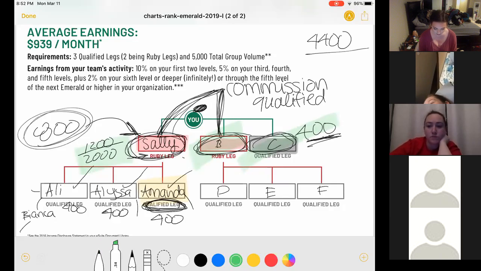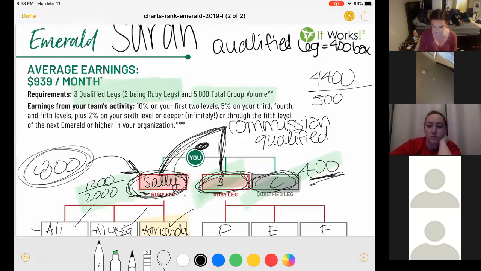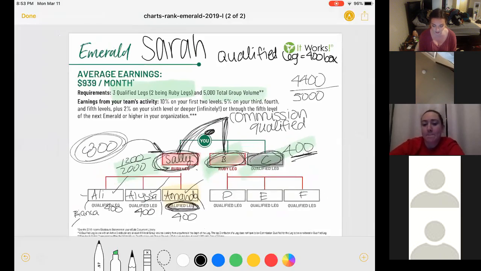If you look up here, for Emerald, you need 3 qualified legs, 2 being the Rubies, which is Sally and this person B, and 5,000 total group volume. So if these people just have their bare minimums, that's only 4,400 out of the 5,000. So Sarah will need an extra 600 coming from anywhere on her chart.